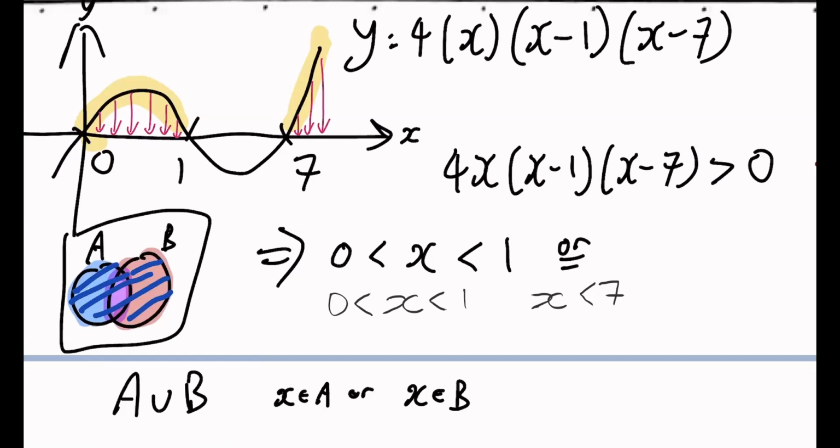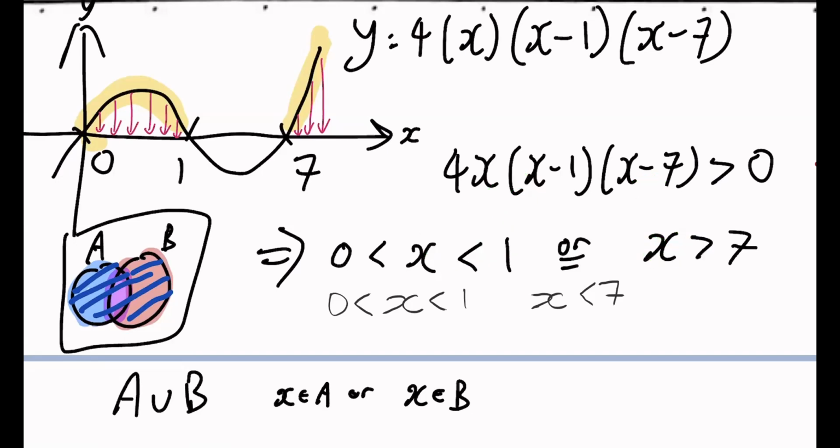But technically it's impossible for an x value to be both in between 0 and 1 and more than 7 at the same time. It's more than 7. It's impossible for a number to be both less than 1 and more than 7 at the same time, right?